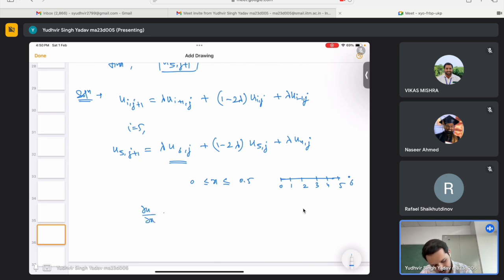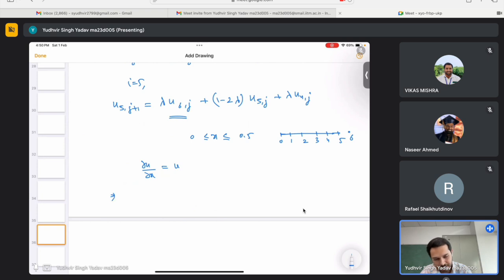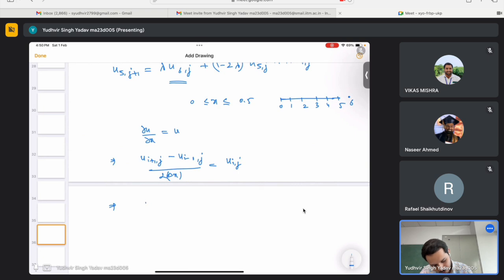The derivative boundary condition states that del u by del x equals u. We simply substitute the central difference scheme for the first order derivative: u i plus 1, j minus u i minus 1, j divided by twice delta x equals u i j. So you get u i plus 1, j equals twice delta x u i j plus u i minus 1, j. Now if you take i equals 5, you get u6, j equals twice delta x u5, j plus u4, j.